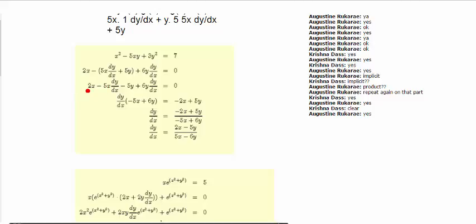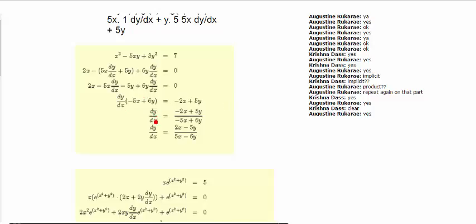So here we will do, since we have negative 5x with dy over dx and 6y with dy over dx, we can take dy over dx common out here, and then we will put minus 5x plus 6y, which is equals to, now I will bring those without dy over dx on the other side, which is 2x. If I take it on the other side, it will be negative 2x. And if I take negative 5y on the other side, it will be plus 5y.